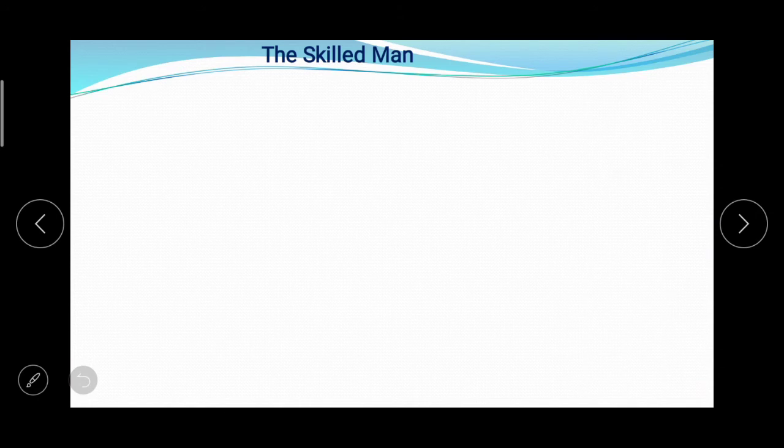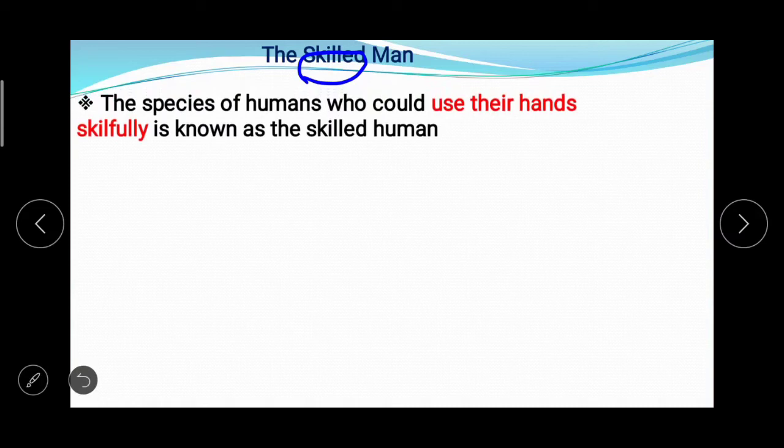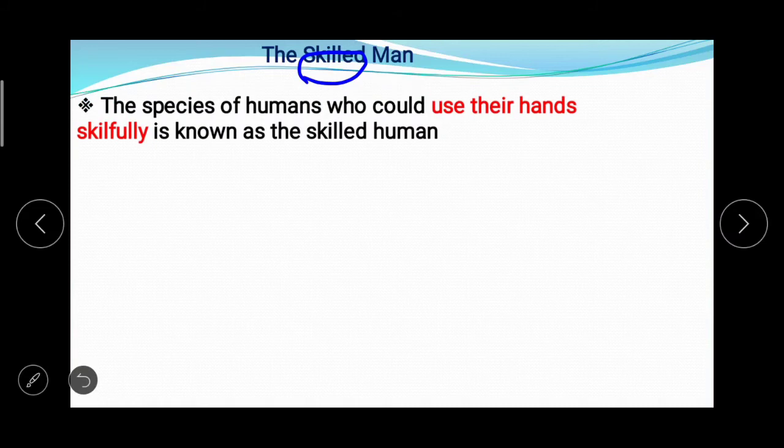Now it is in the heading only, skilled man. We are going to talk about the man, but the man who was skilled in something, and that is what we'll see. The species of humans who could use their hands skillfully is known as the skilled human.